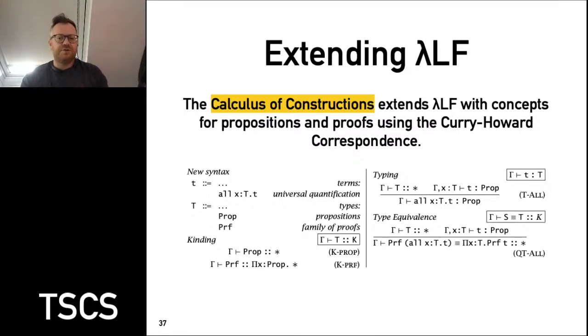What you need is universal quantification that we had before. This is basically the for-all mathematical operator that you've seen before. As new types, you also add propositions and a family of proofs. The kinding for that is that propositions are kinded as prop types, and proofs are then pi types that take in their body a prop type and as their input parameter a proposition.